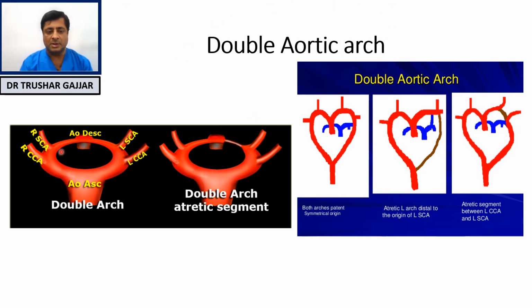Either both arches are patent and open, or part of the right or left dorsal aorta is a fibrous cord-like. So this will lead to the formation of various types of double aortic arch.